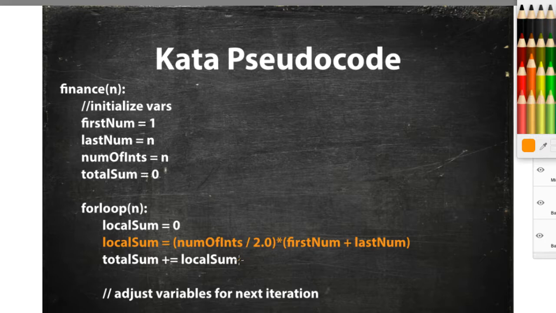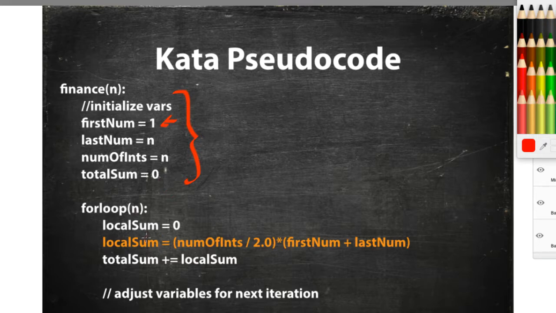So we'll initialize the variables here. The first number is always going to be 1 and not 0. These two are pretty simple since they are using the parameter, which can be anything, any integer. And then the total sum will start at 0 since we haven't actually added anything.